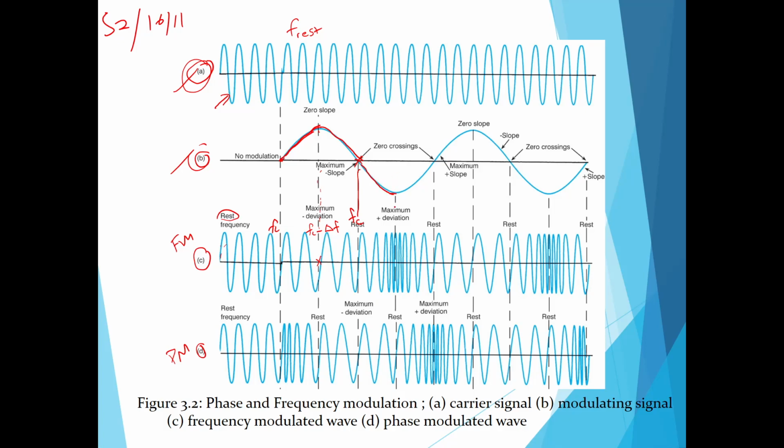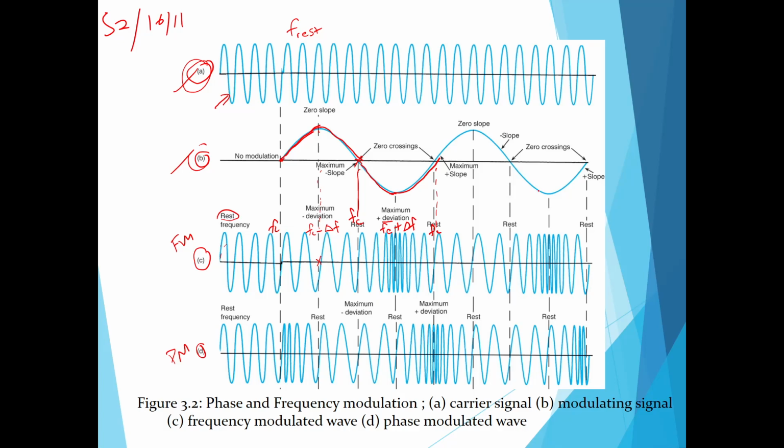At the negative peak, the carrier will undergo maximum positive deviation. That means the carrier will be at its maximum value, which is Fc plus delta F, and then move to the zero crossing or x-axis. It becomes Fc rest.